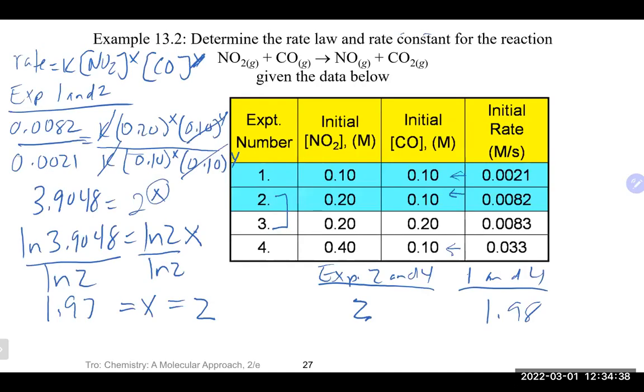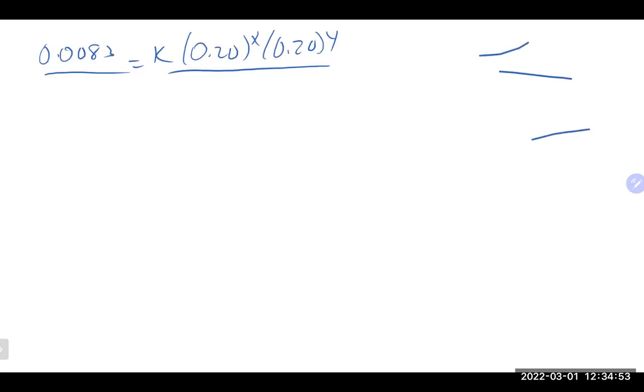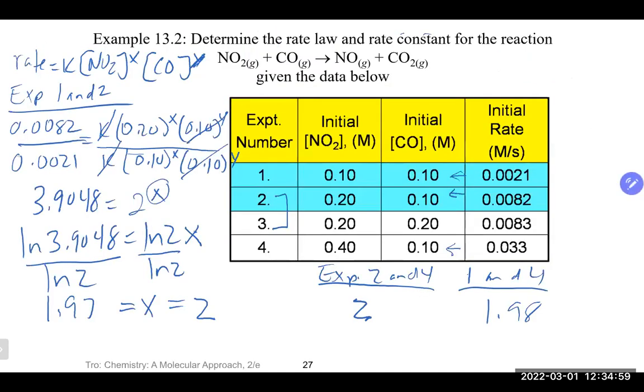0.0083, I think, is equal to K. We got 0.2 and 0.2, so that's good. So 0.2 to the X, 0.2 to the Y. And coming back, the other guy, 0.0082 and 0.1.